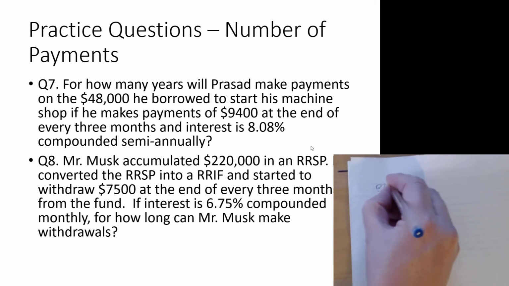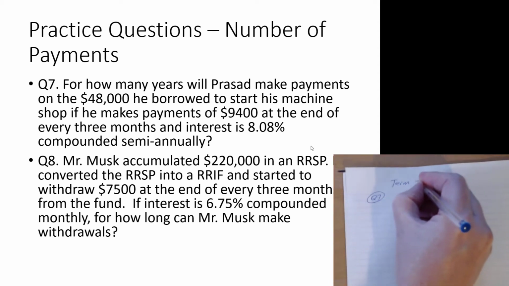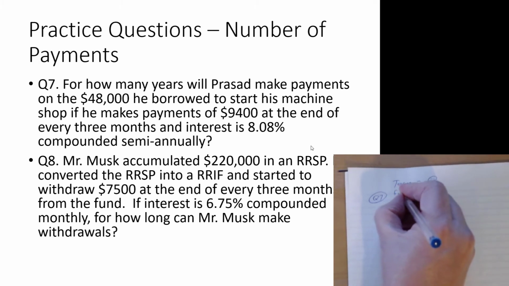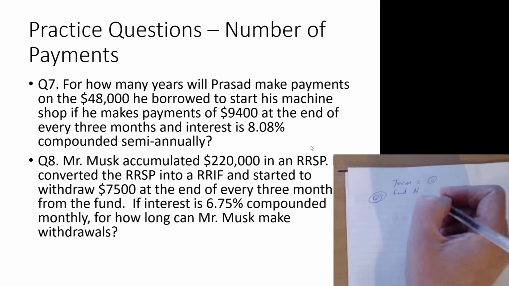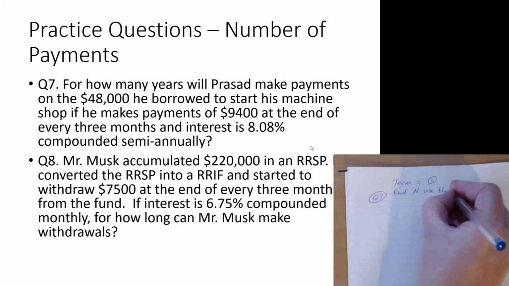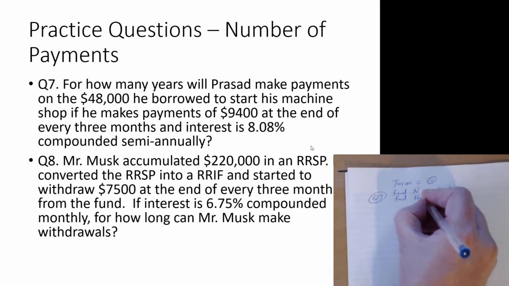Okay? Question number 7. For how many years? So we're looking for the term, right? We can find N, the number of payments, and then use that to find the term. There's one more little step.